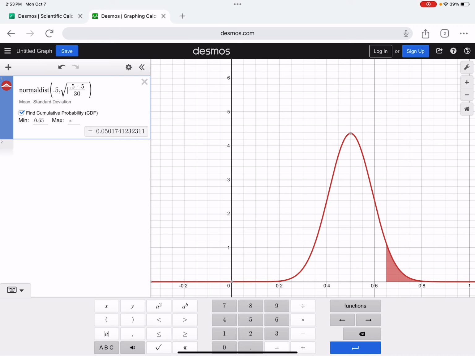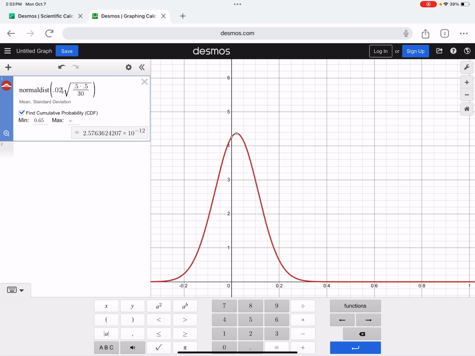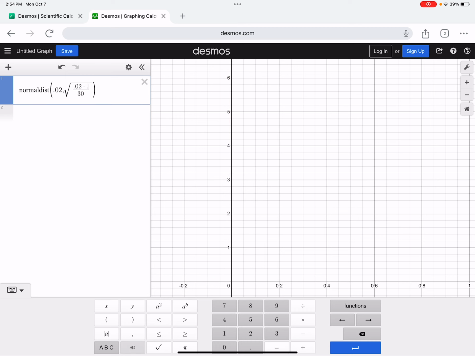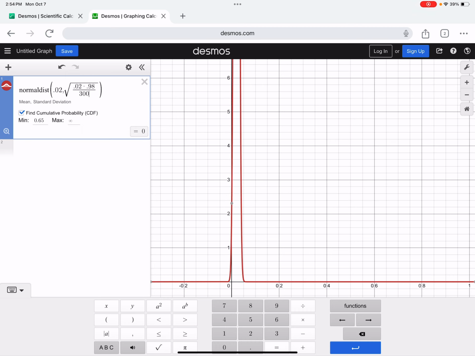So still using the normal distribution, but I'm just going to change p to 0.02. This would be 0.98, and we had a sample size of 300. We want the probability that p hat is more than 7 out of 300.